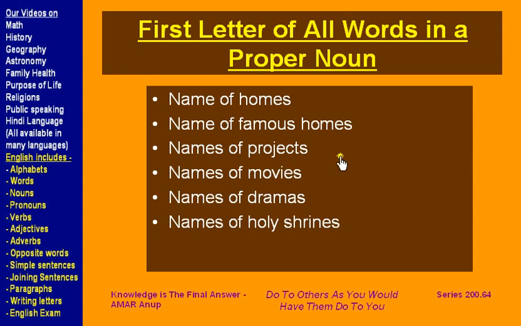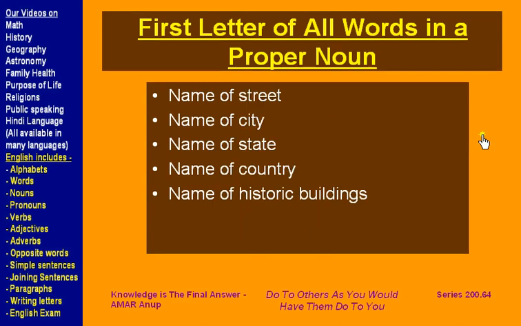So all the names of all these are also capitalized. Again, once we name a street or city or state or country or historic building, then it becomes a proper noun, and the first letter of all words in a proper noun is capitalized. So when we say Taj Mahal, it's a building, T in Taj is capitalized and M in Mahal is capitalized.